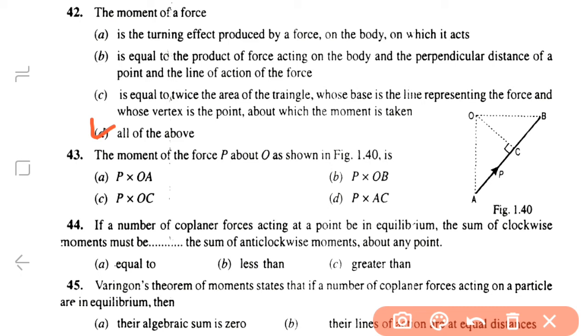The moment of force is equal to product of force acting on the body and the perpendicular distance of a point and the line of action of the force, and moment of force is equal to twice the area of the triangle whose base is the line representing the force and whose vertex is the point about which the moment is taken.